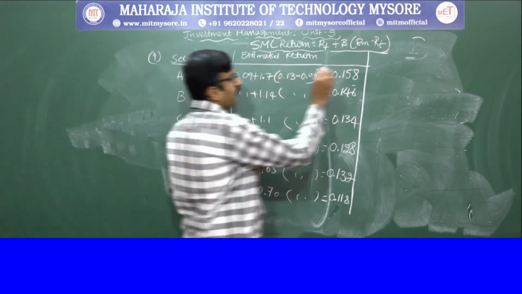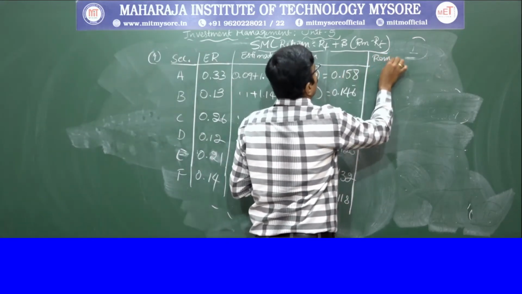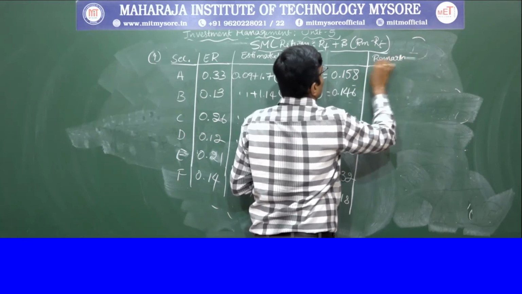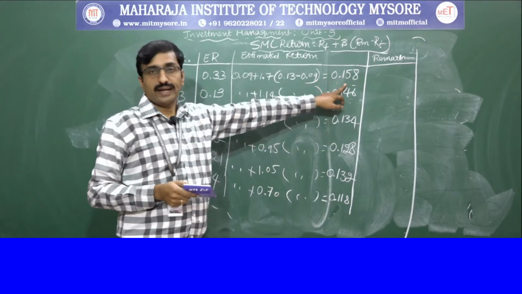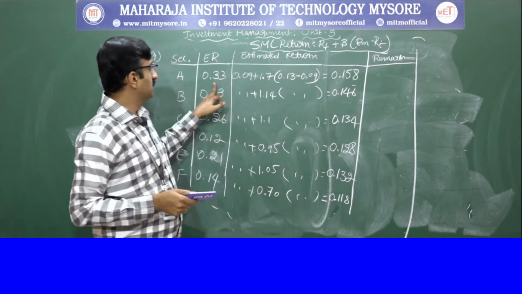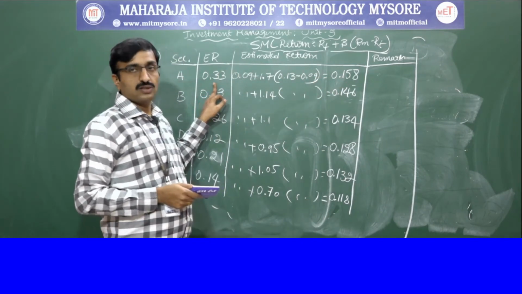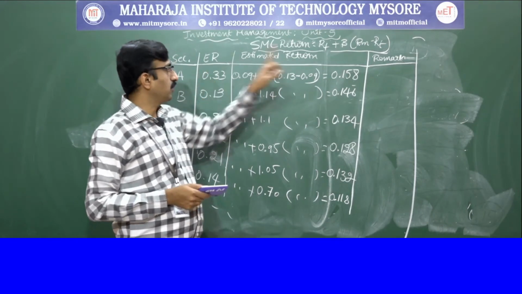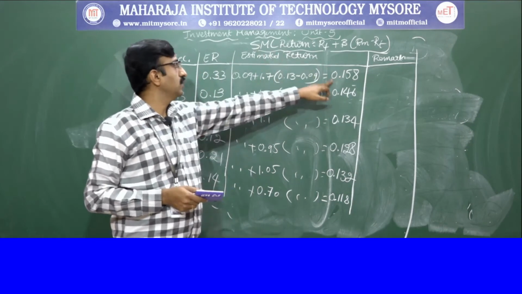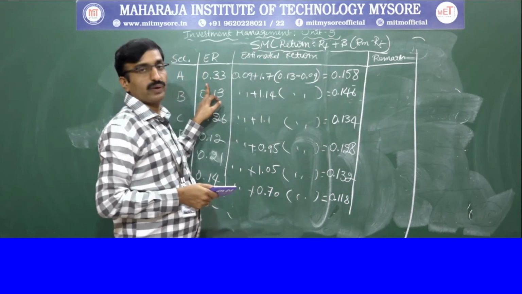So we have to remark whether each is overpriced or underpriced. The estimated return is 15.8% and the expected return is 0.33.